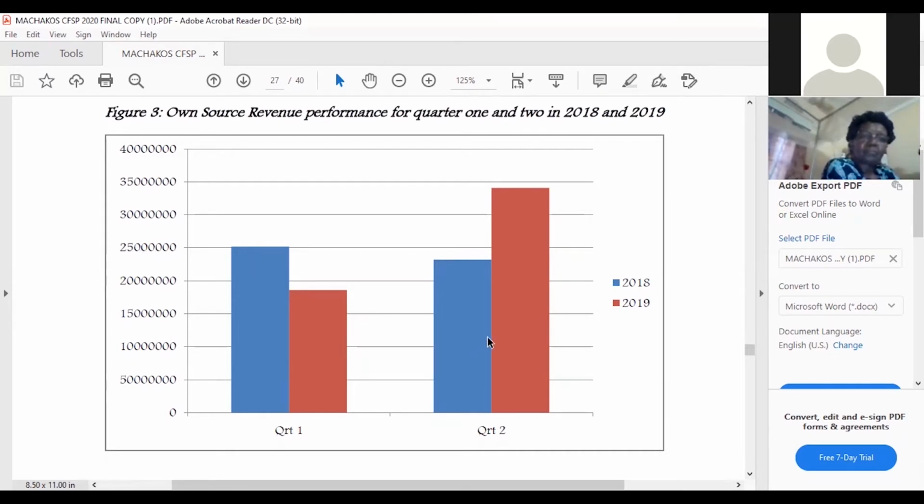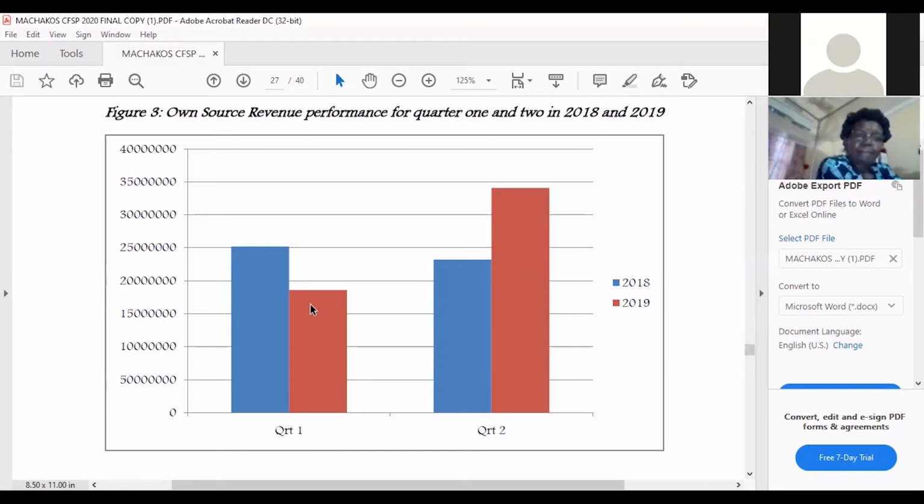In quarter one, they managed to get 2.5 million, while in 2019, they reduced. So it came to around 1.7 billion.